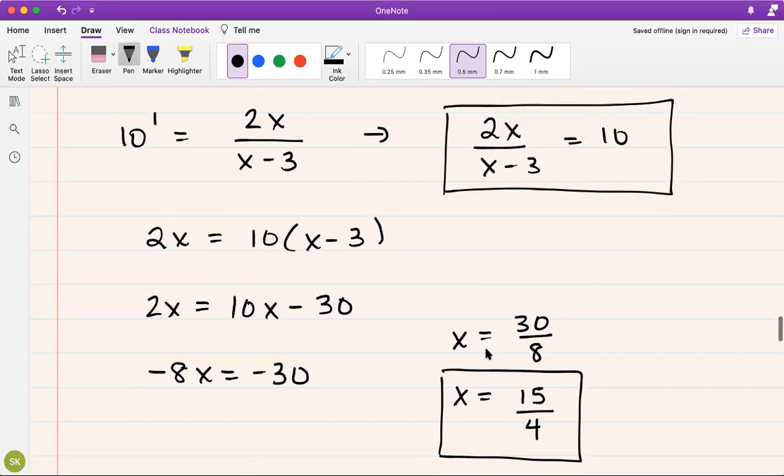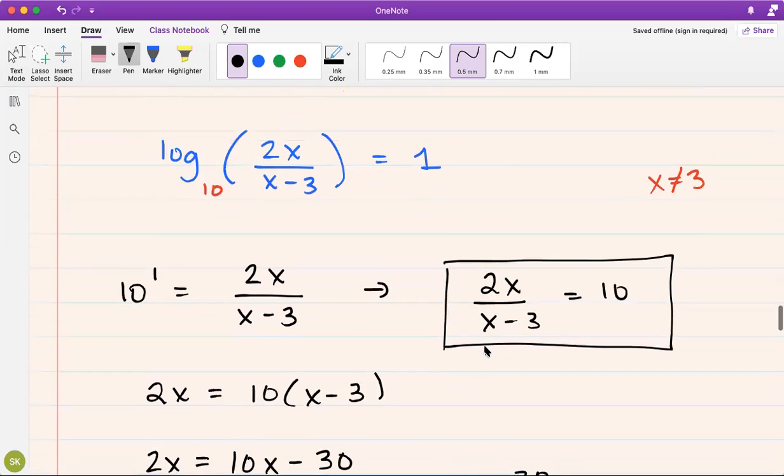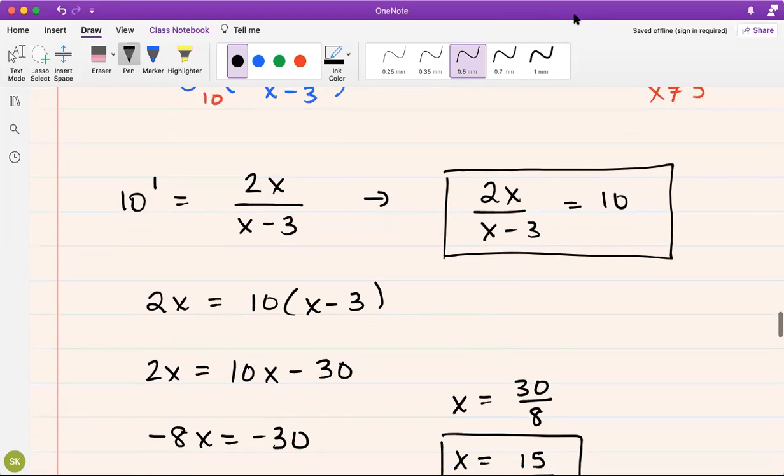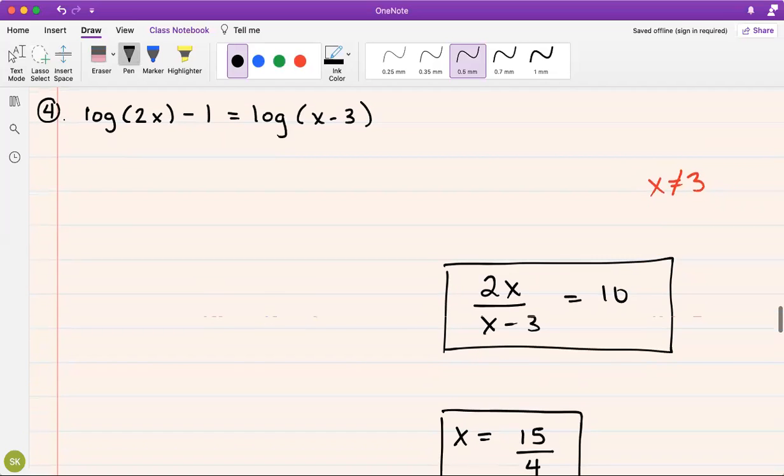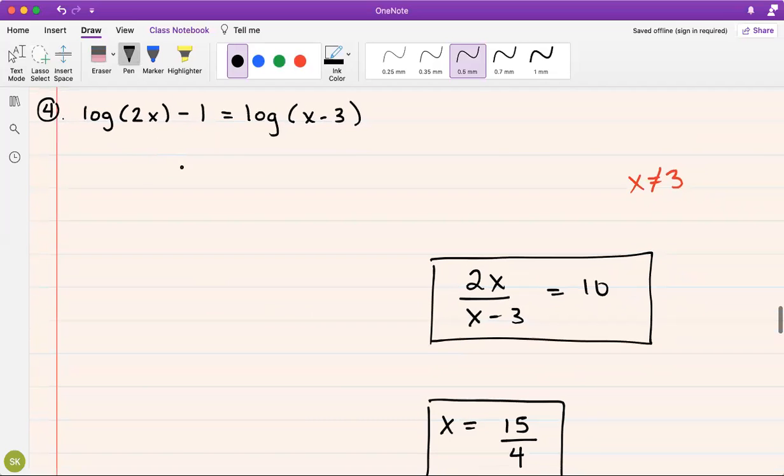Again, we're going to double check. So we're going to look back up here. Give me just a second to erase some stuff, make it less cluttered. Okay, so if we look back at our original equation here, first off, we're going to check and see if we can plug this into our logs. Now this is a positive number, and I have 15 over 4.